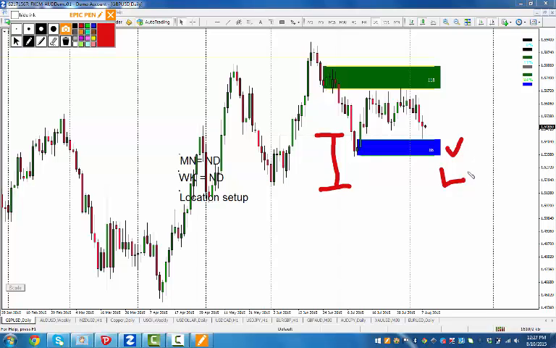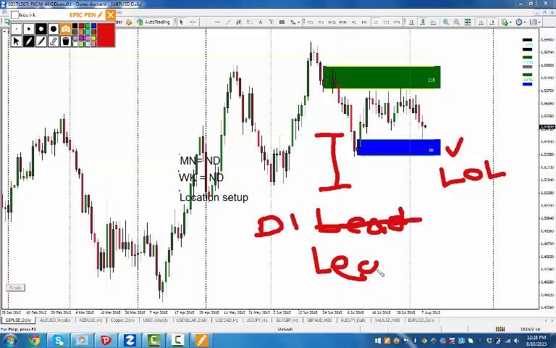So this is what we call the LOL, level on level. And this is also what I usually like to say: our daily time frame is leaning, leading against a higher time frame, which is the weekly demand.